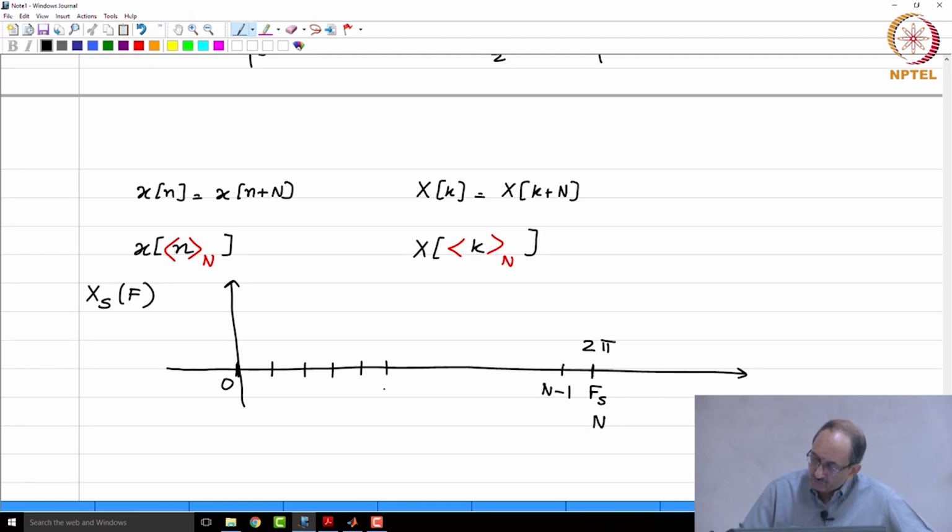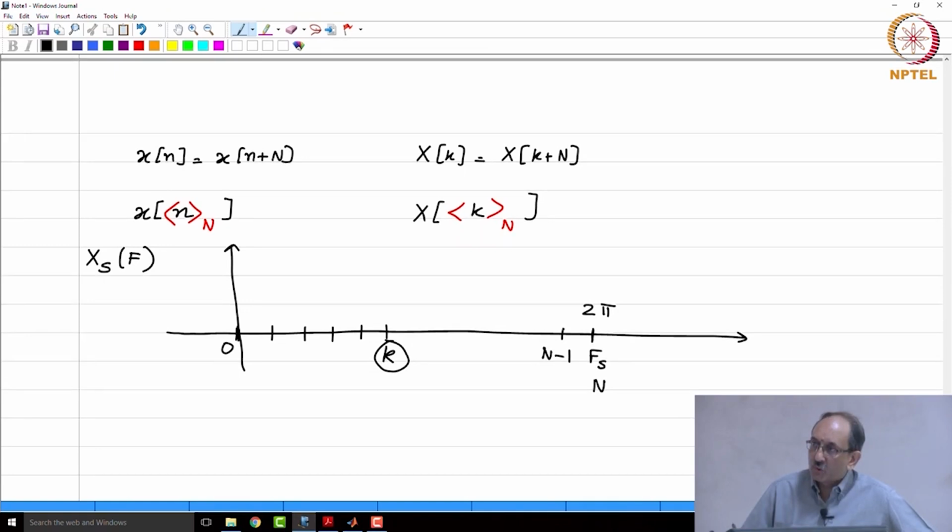Therefore, the general point on the DFT has bin index k. Now, given the kth bin index, suppose you want this to correspond to true frequency, you need to divide by N, and then what else do you need to do to get the true frequency in hertz?